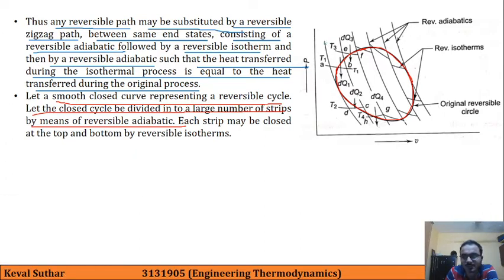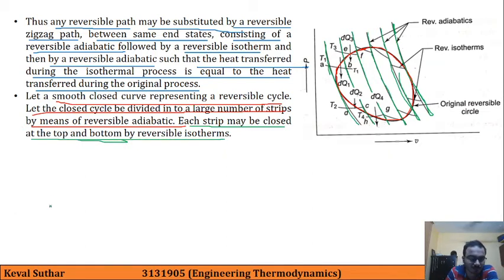these lines, these curves, these are all reversible adiabatic processes or curves. So we have divided the whole process with the help of these reversible adiabatics. Okay, and each strip may be closed at the top and bottom by a reversible isotherm.